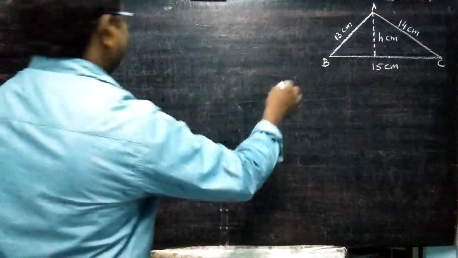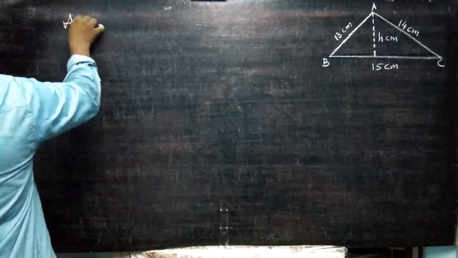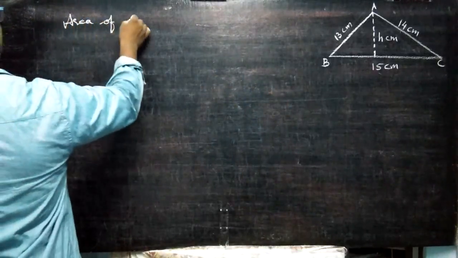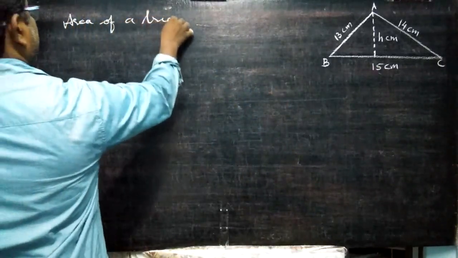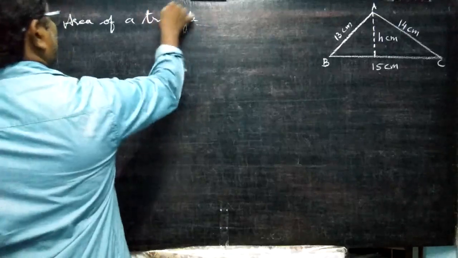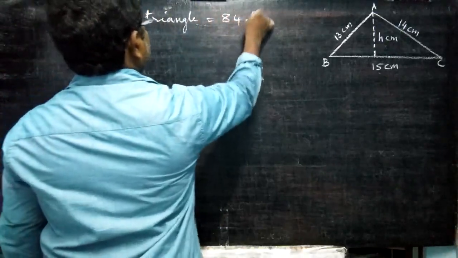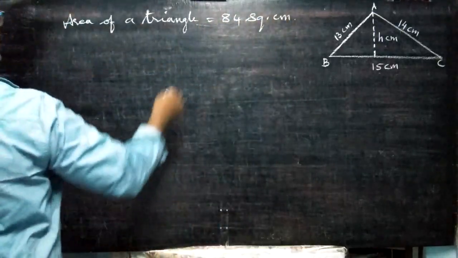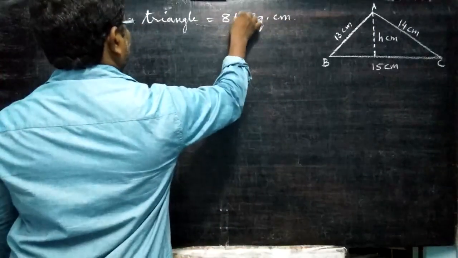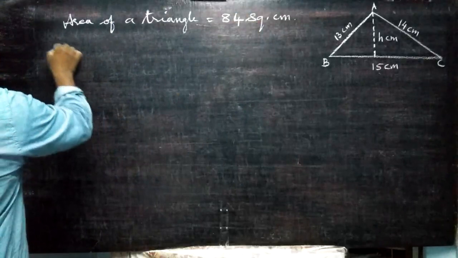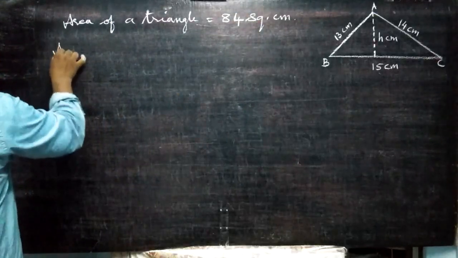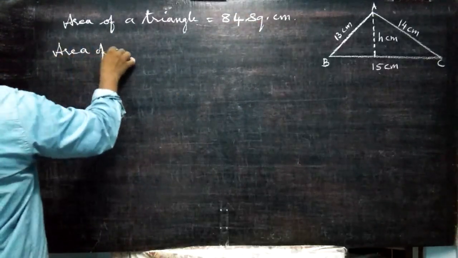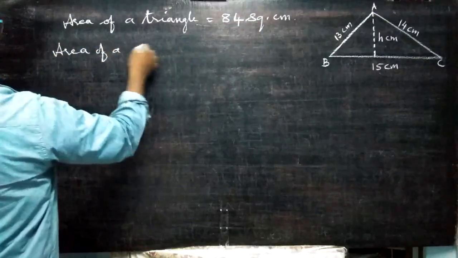Now we got this area. Area of the triangle, how much did we get? Before, we found the area of the triangle as 84 square centimeters. Now again we are going to find the area of the same triangle.